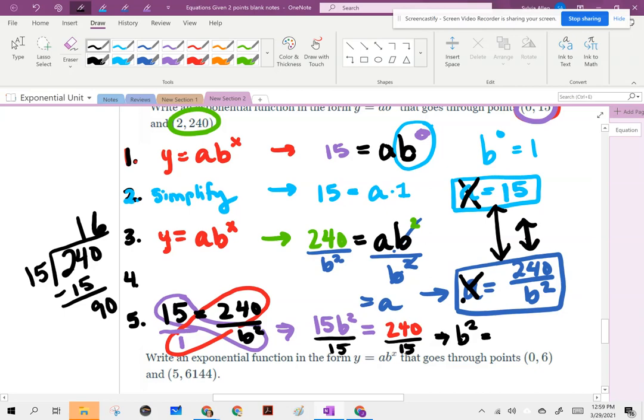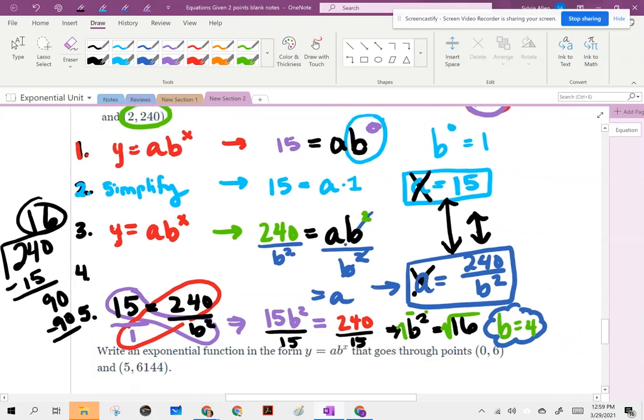And then so 6 times 15 is 90. And so that's 16. So b squared is equal to 16. Then I'm going to take the square root and I get b is equal to 4. Now this is important. We want to be able to box that. We know that that's the b value.